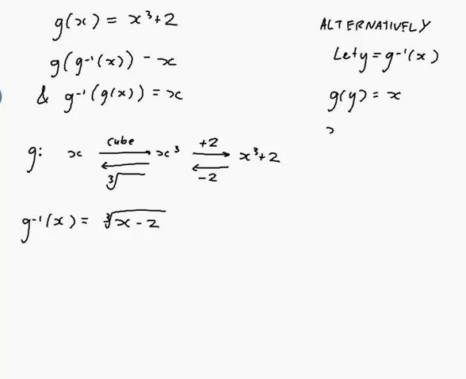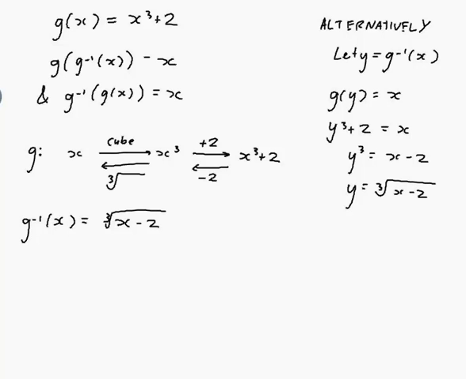So that would be y cubed plus 2, because I put the y into the formula instead of the x. So y cubed plus 2 is equal to x. So y cubed would be equal to x minus 2, subtracting 2 from both sides, and y would be equal to the cube root of x minus 2.